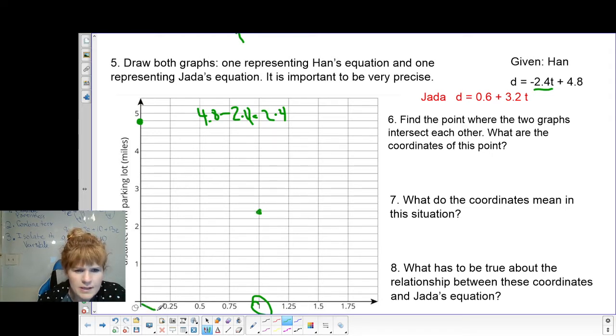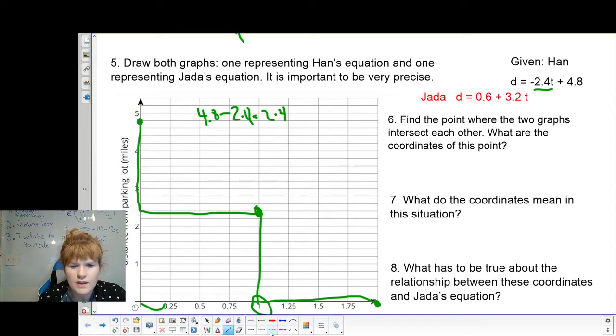Now each box here, each column is 0.25. But my slope is negative 2.4 over 1. And I really hope you remember slope from a long time ago. So down 2.4 over 1. There's our next point. And then we're going to do that again. Down 2.4 over 1. So here would be the next one, number 2.